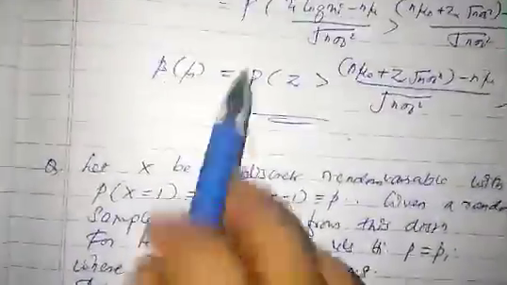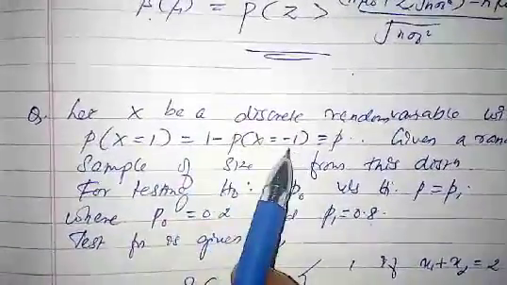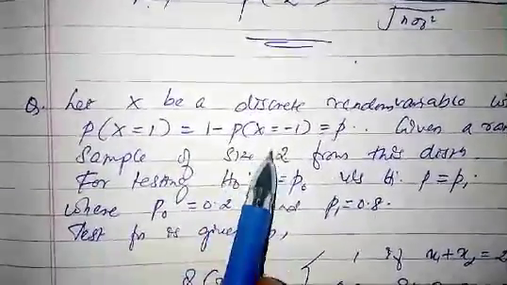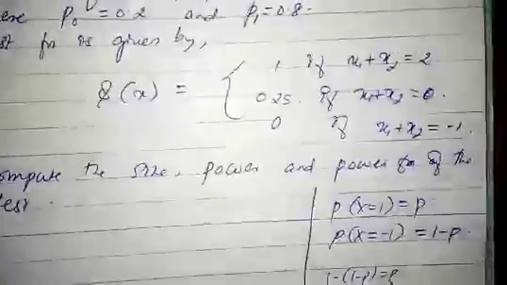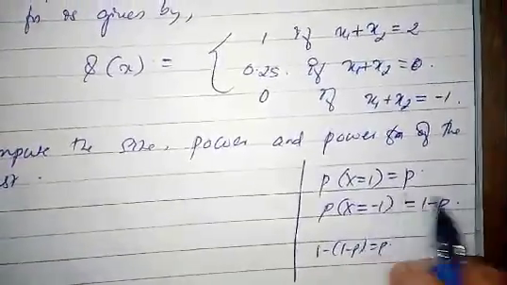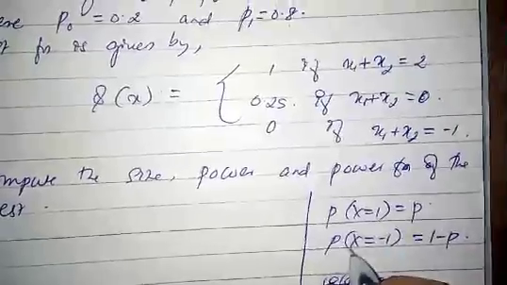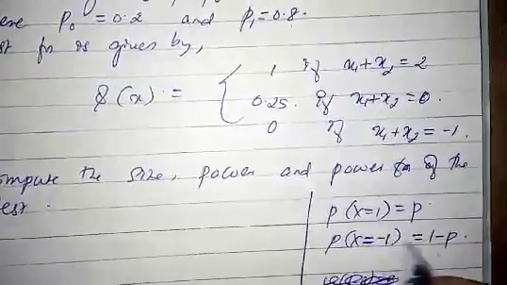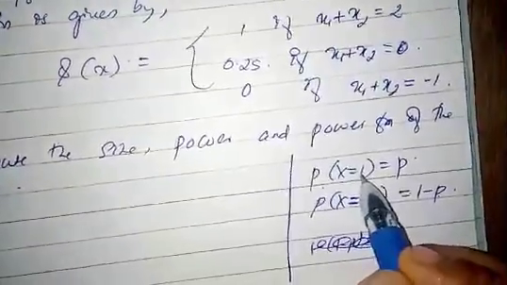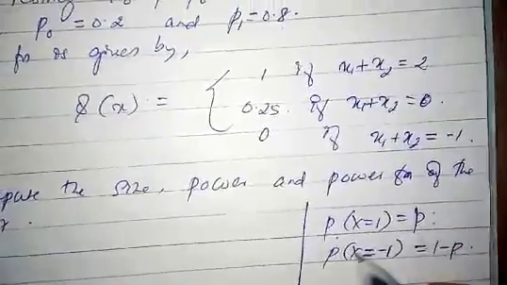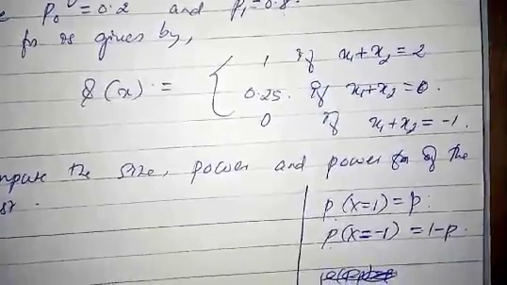Here, in this value, if you substitute, the probability of X equal to 1 equal to p, and the probability of X equal to minus 1 equal to 1 minus p. From this we can write the probability of X equal to 1 equal to p and the probability of X equal to minus 1 equal to 1 minus p, right?